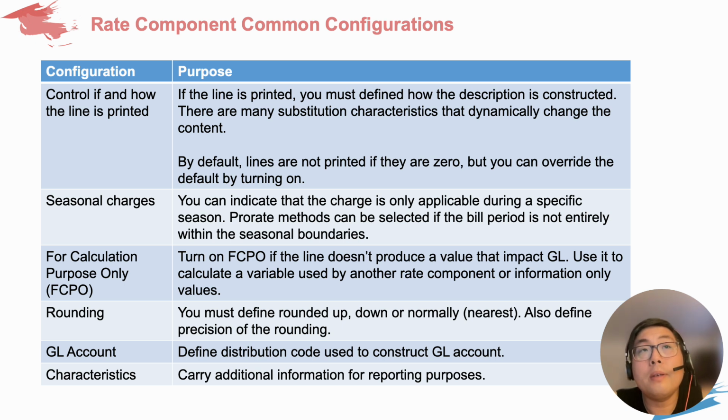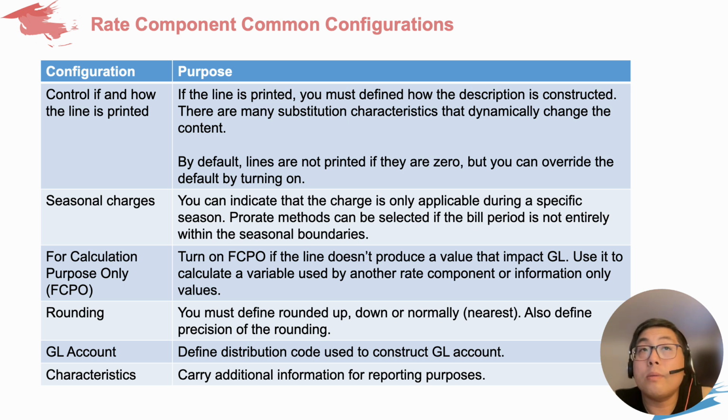Now the third one is for calculation purpose only. As I mentioned in the print option, there are lines which don't need to be printed and don't impact the GL, so they are for calculation only, because those values might be used by another rate component, or are just informational only.